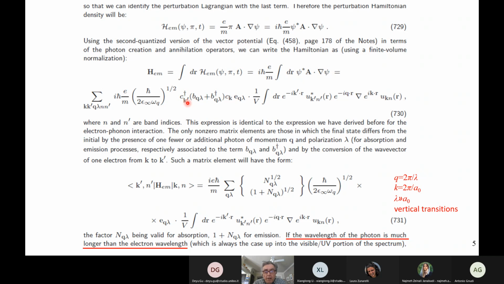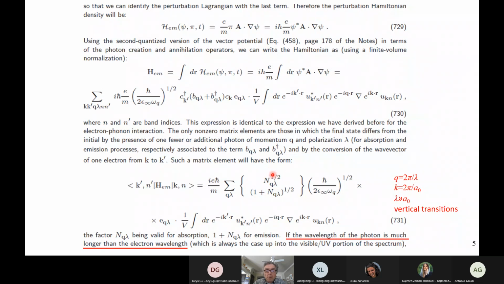We don't have an electron in the final state k prime, by Pauli's principle. And then, of course, we have to take the matrix element of the photons that exist. And this will give us the usual thing, exactly the same that we saw for the electron-phonon interaction, the Einstein coefficients.